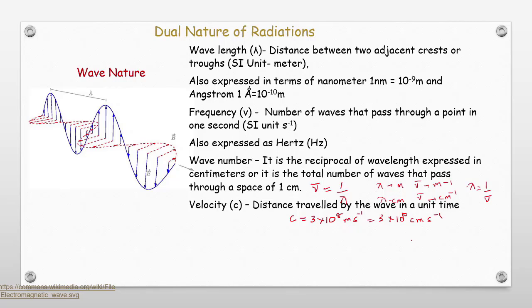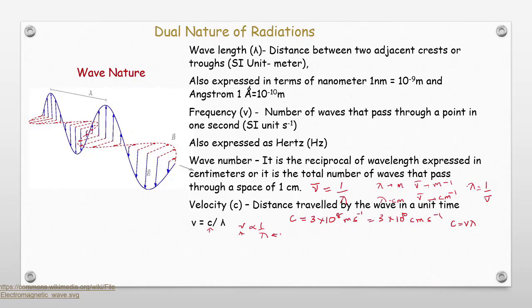Now C is related to lambda and nu, as C is equal to nu lambda, or nu is equal to C by lambda. Now since C is a constant, we can say nu is inversely proportional to lambda. That is, higher the frequency, lower will be the wavelength, and vice versa.